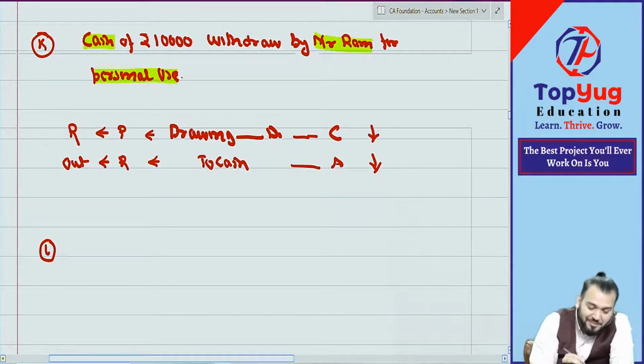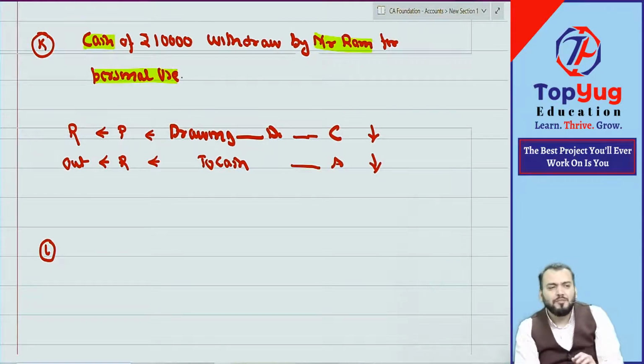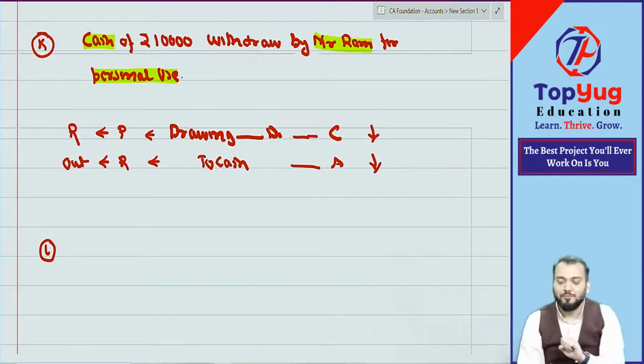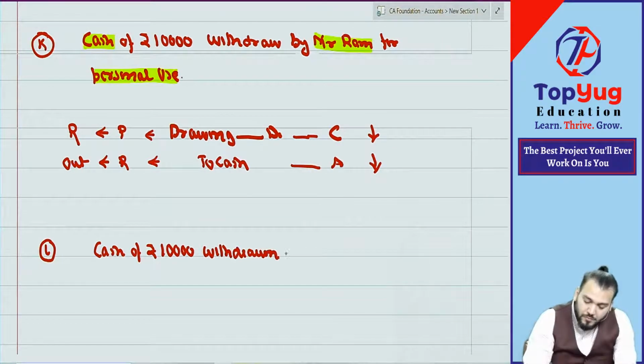Now K के बाद L ना. Now I'm just giving one transaction. I will first explain, then you do, because I know it will be थोड़ा सा confusion. Cash of rupees 10,000 withdrawn from bank for personal use.